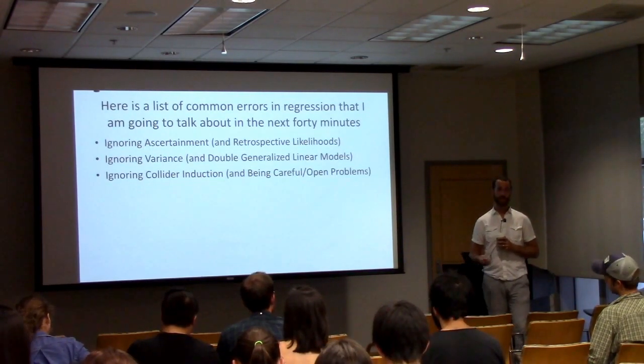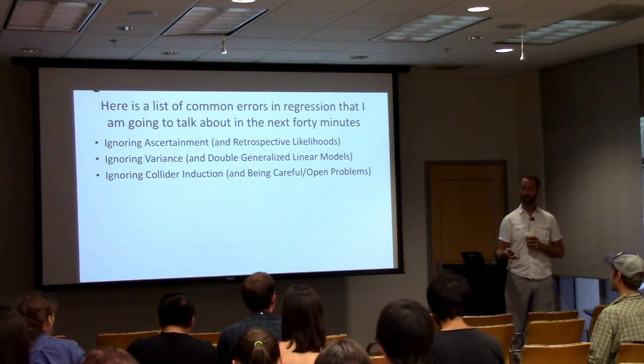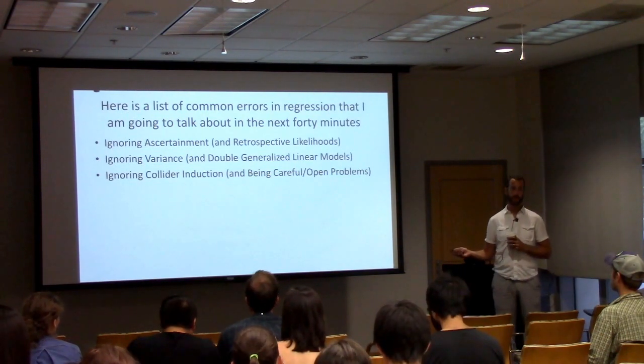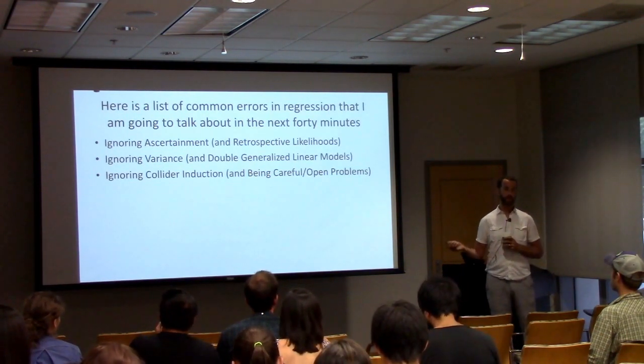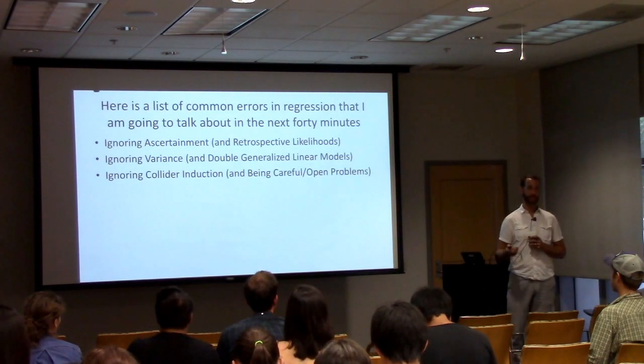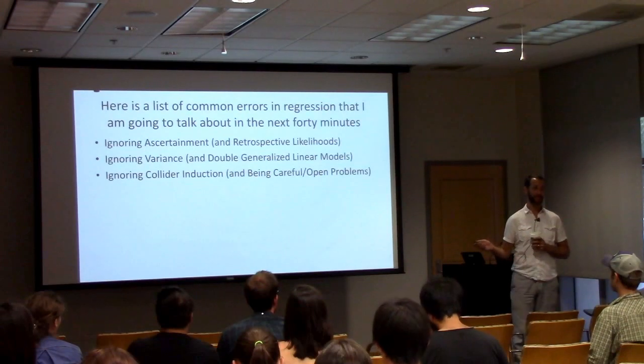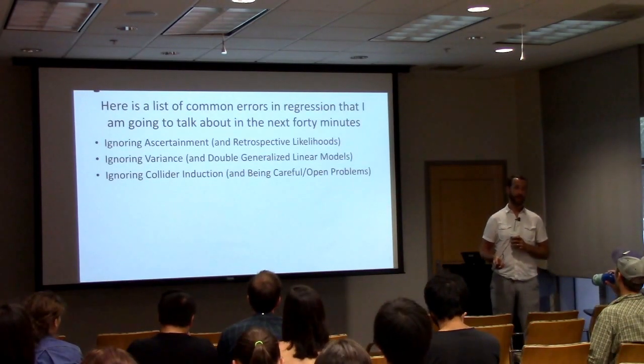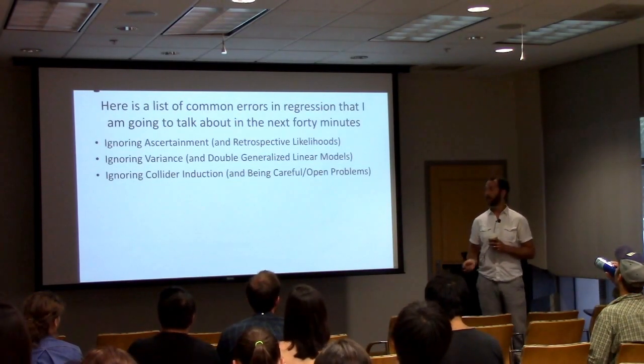I've decided not to cite individual papers that are making these mistakes because they're so common. You can just go to your last issue of Science or Nature or Cell or your favorite journal and find lots of these things. Not all of them, but a lot of them happening.